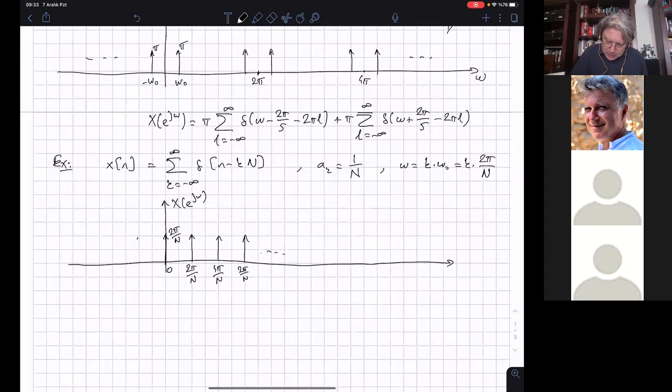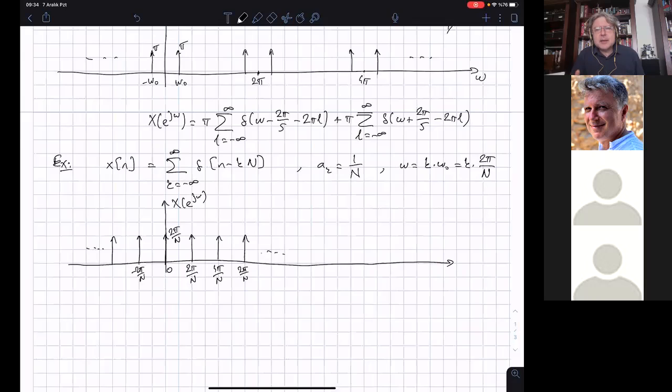Actually, there's also another one at minus 2 pi over capital N, minus 4 pi over capital N, and it also goes on to the left-hand side in the same way. Now, look at these impulses and make sure that they are 2 pi periodic. But this time I can see that they are already 2 pi periodic.